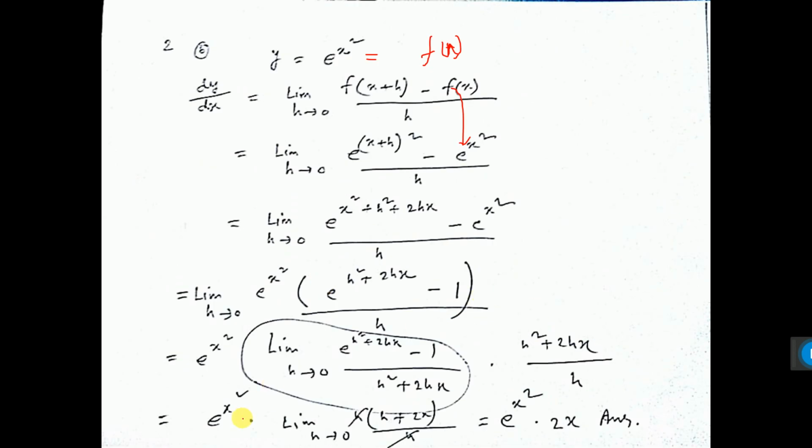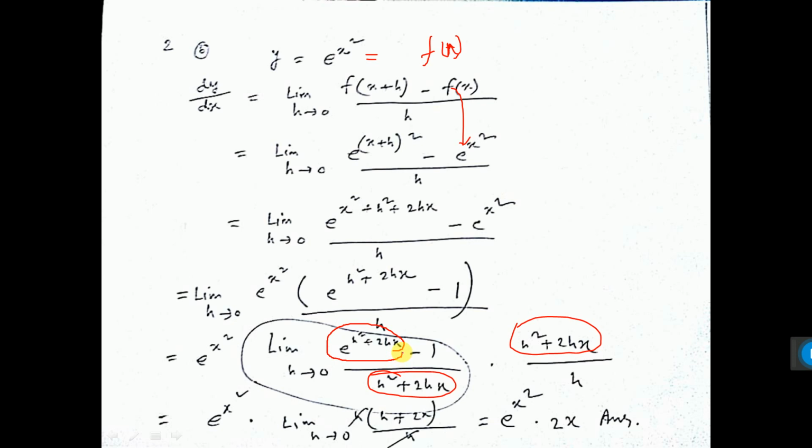Next, what I did, this a square plus 2ax, I have divided and multiplied. Same thing, I can divide and multiply. Now see here, limit h tends to 0. Here I have taken a common.